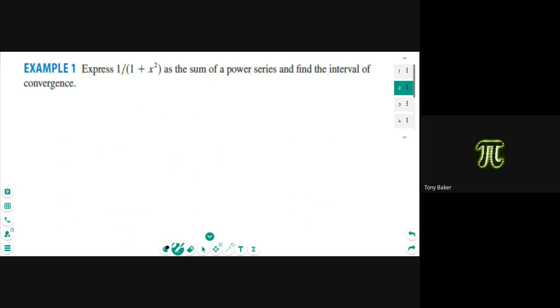All right, so let's look at this one first. We have 1 over 1 plus x squared, and they want to change this to some kind of summation.